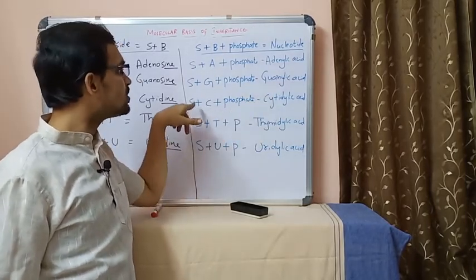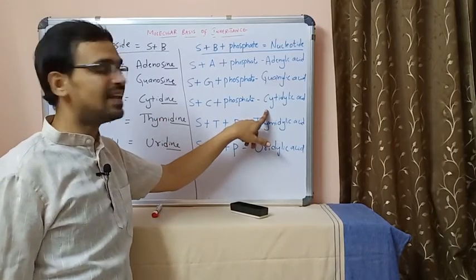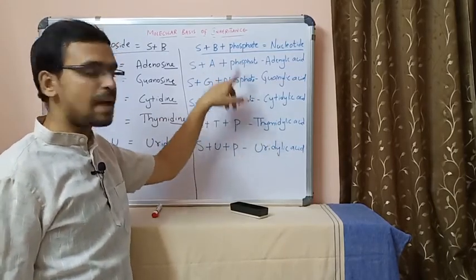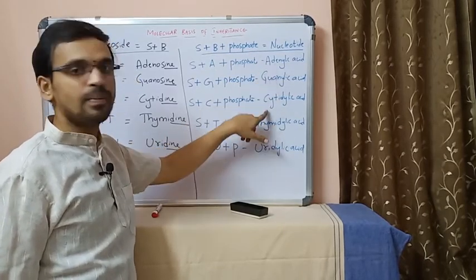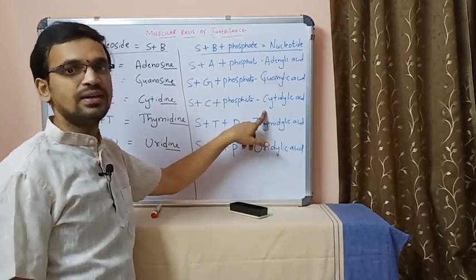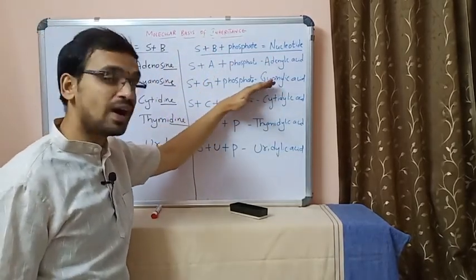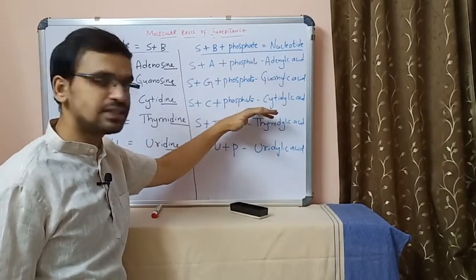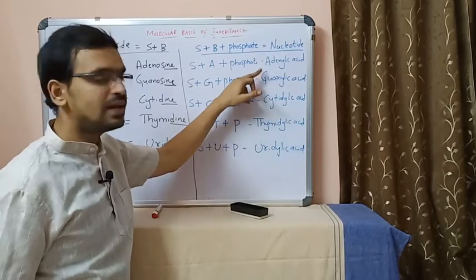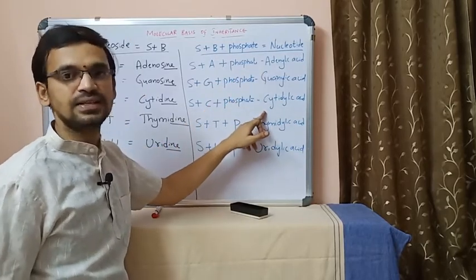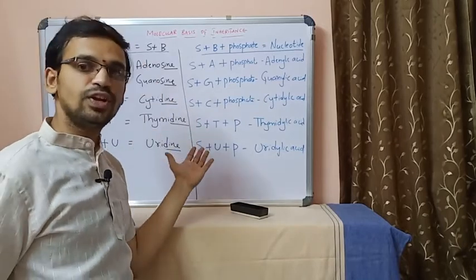With cytosine, deoxycytidylic acid. These three are common in both DNA and RNA. If it is RNA, adenylic acid, guanylic acid, cytidylic acid.